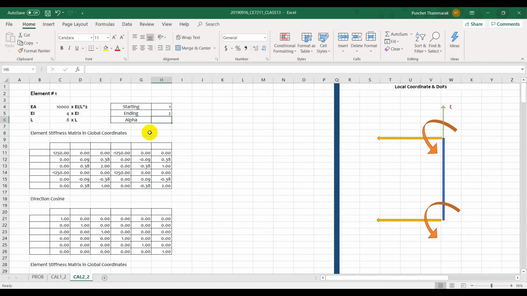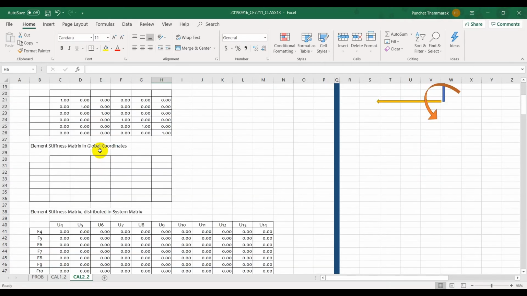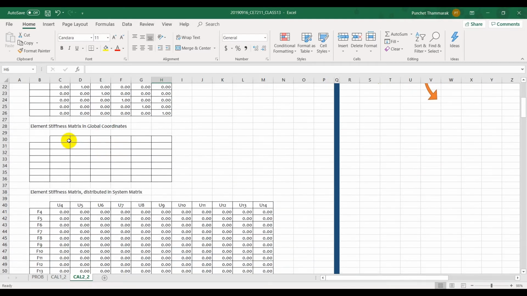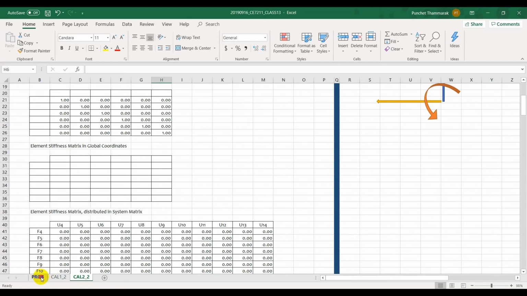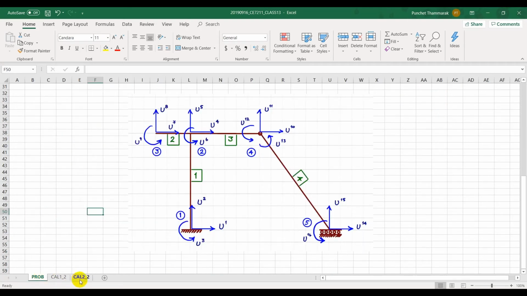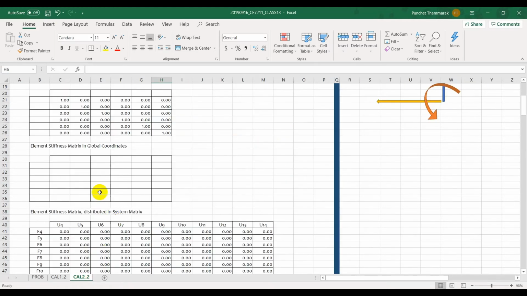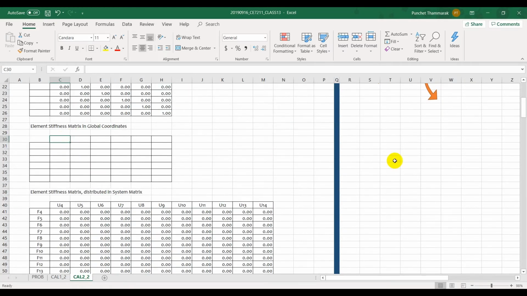The reason why I do this is that it makes the order of the row and the column of my element stiffness matrix go like U1, U2, U3, U4, U5, U6, which is quite easy for me to plug in.